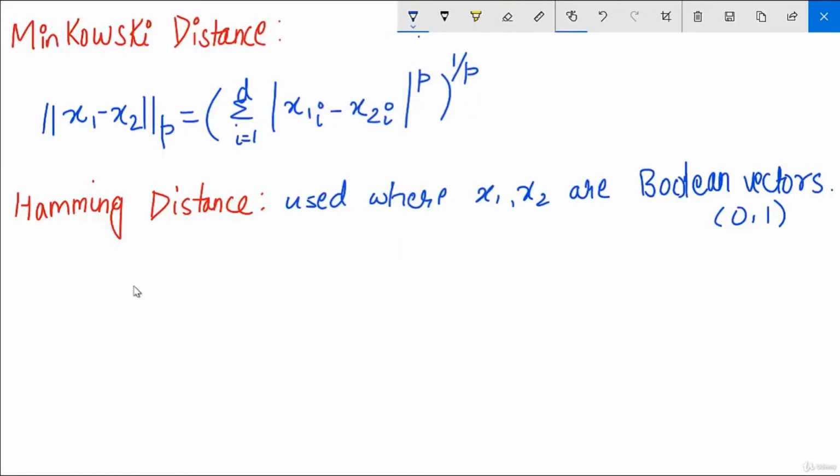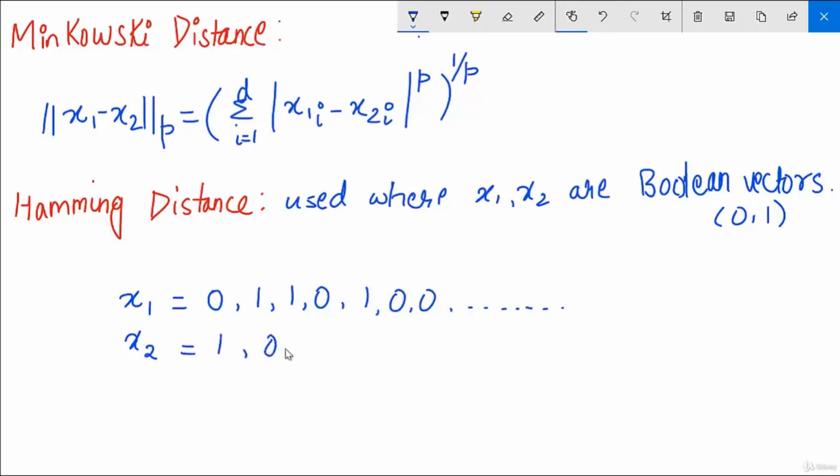Suppose we have x1 as 0, 1, 1, 0, 1, 0, 0, and so on, a series like this, and x2 as 1, 0, 1, 0, 1, 0, 1, and so on.